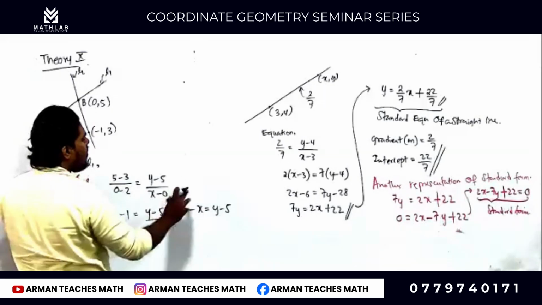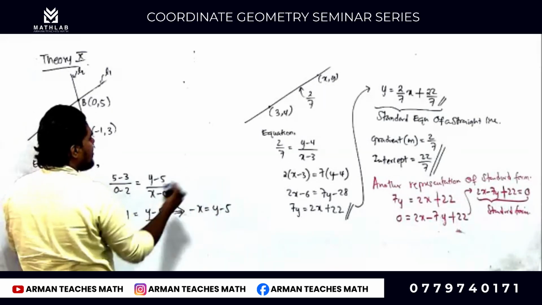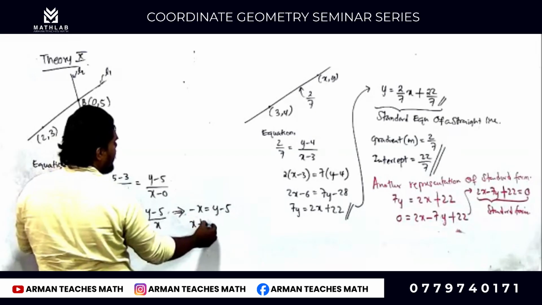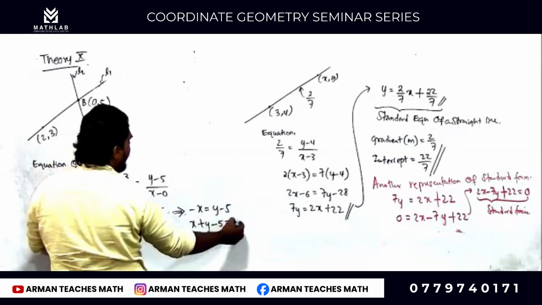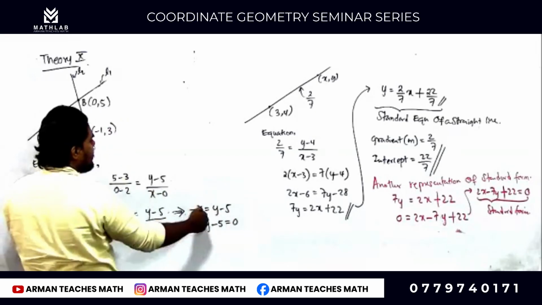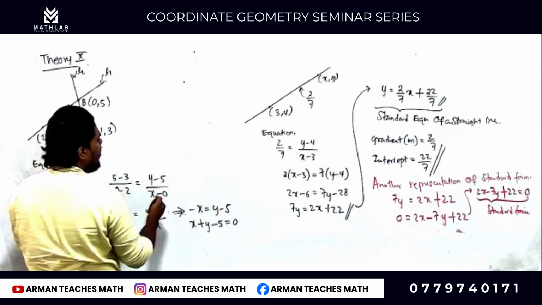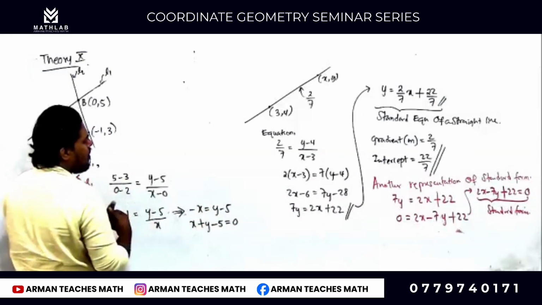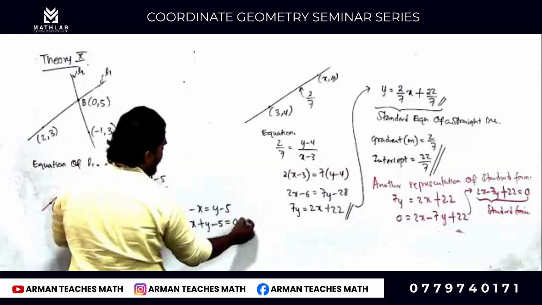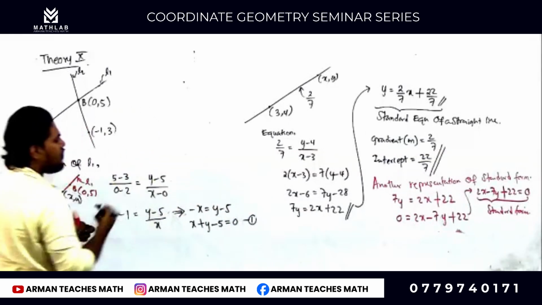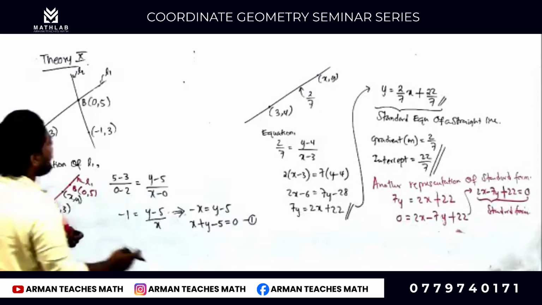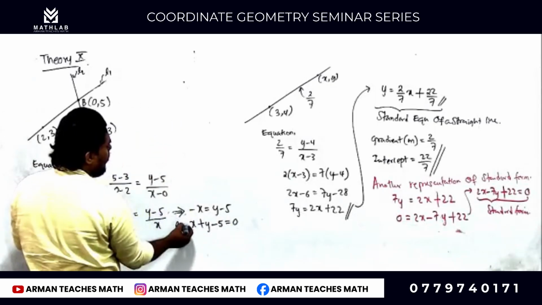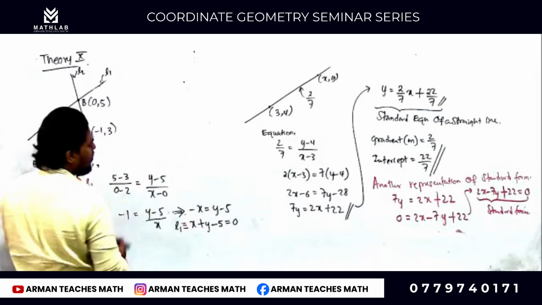So I will take all the terms to one side and make this a standard equation. So you will get x plus y minus 5 equals to 0. I'm taking minus x to the other side, this side 0 karna. So x plus y minus 5 is equals to 0. So we'll take it as first equation or as equation of L1. So make a L1 wala equation, so we can use this notation.